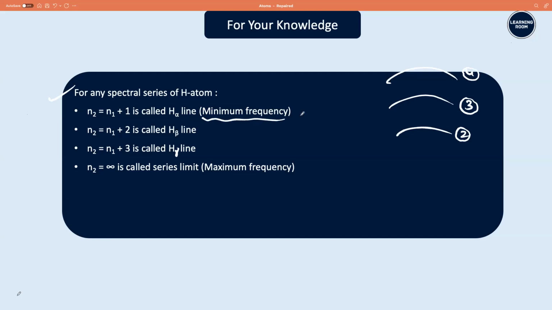So when an electron makes a transition between the third and the second orbit, you call it minimum frequency, or maximum wavelength. Okay. And n2 equal to infinity is what we call the series limit, which has the maximum frequency.